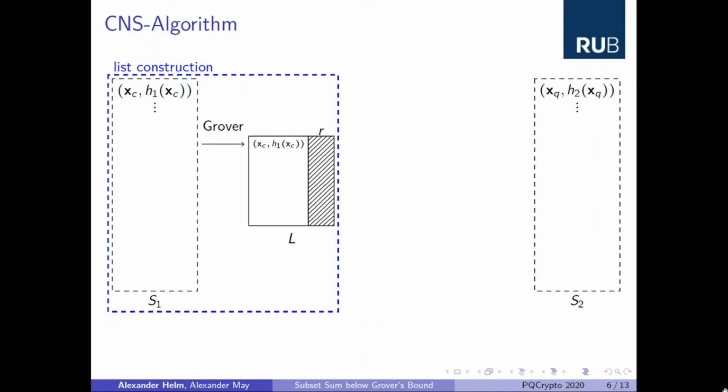So performing a Grover search gives us one element. So to fill our list, we have to iterate the Grover algorithm again and again until we fill our list. And the list size should be at least as big as that we expect to find a collision between a list element and an element xq from S2.